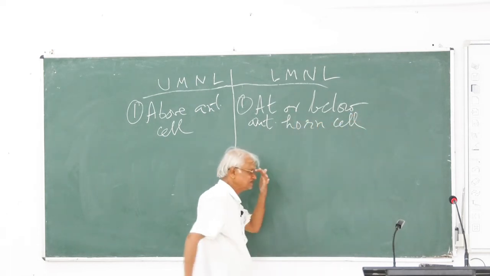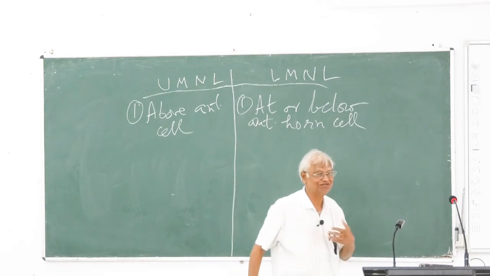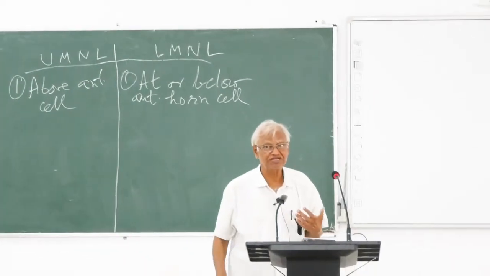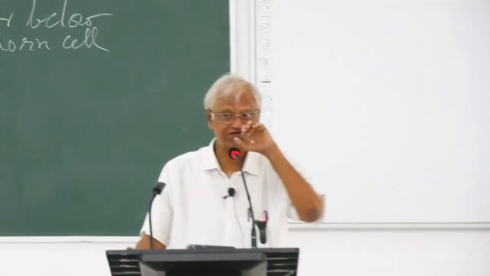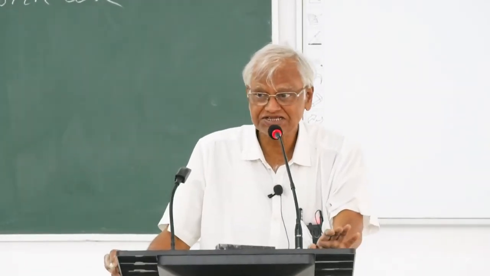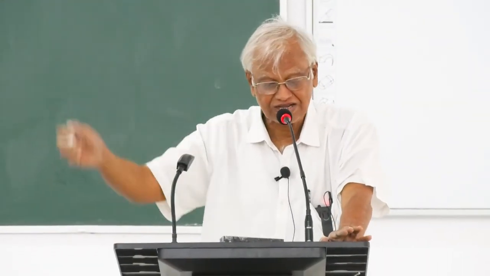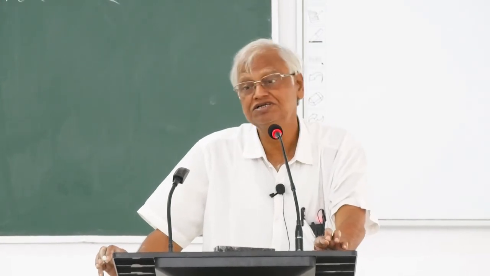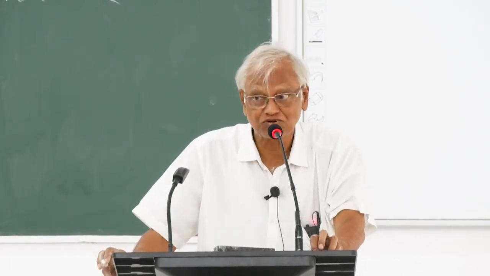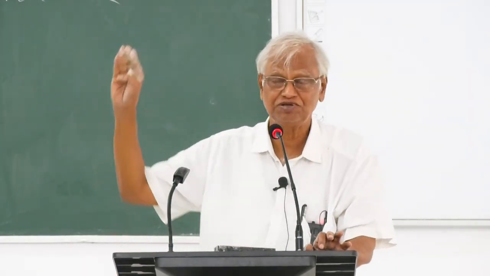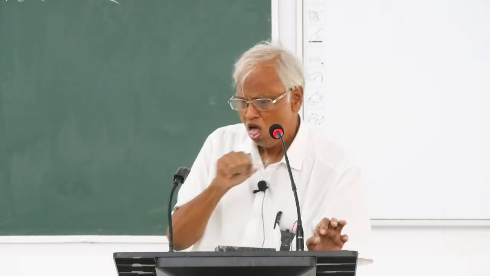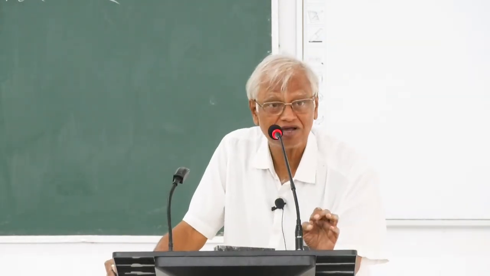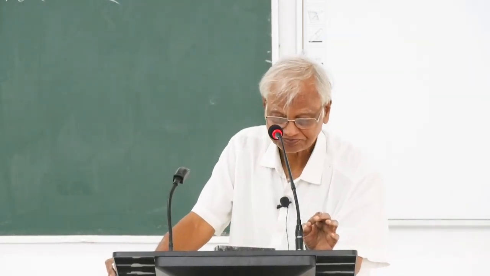That is the difference in definition. Upper motor neuron lesion, by definition, means any lesion above the anterior horn cell of the spinal cord. Any lesion at or below the anterior horn cell is lower motor neuron type of lesion.